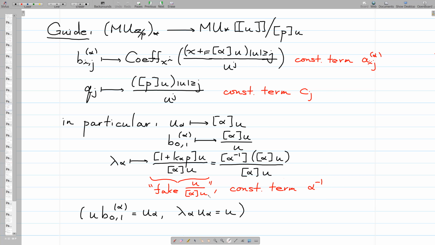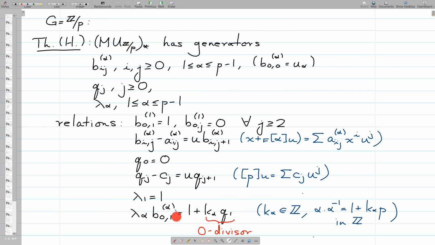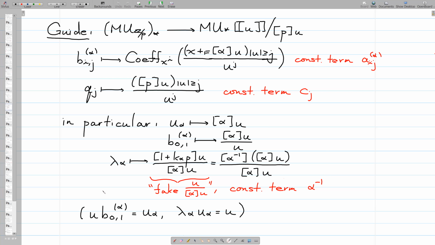But what you do get from this is they multiply together to 1 up to a 0 divisor. Once you multiply by a U alpha, you do get lambda alpha times U alpha is U. And if you do U times B01 alpha, which is a fake inverse, it is U alpha. So all the Euler classes are multiples of each other. In particular, that means if we invert U, we invert all of them.